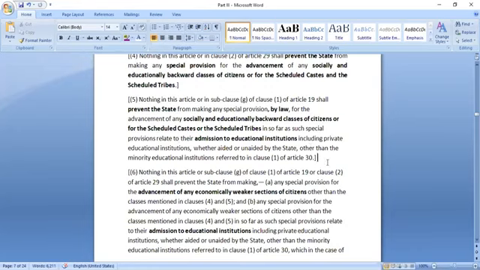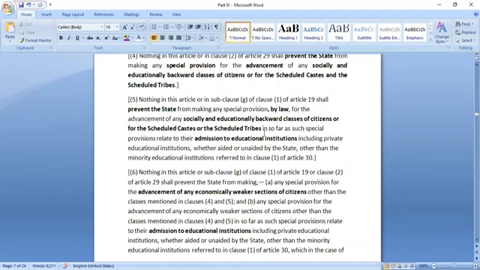For example, there is a provision for reservation of 25% of seats even in private schools. There was this movie Hindi Medium where this provision was mentioned, that in a private school, even a very good private school, there should be 25% reservation for the economically weaker sections for their educational advancement.